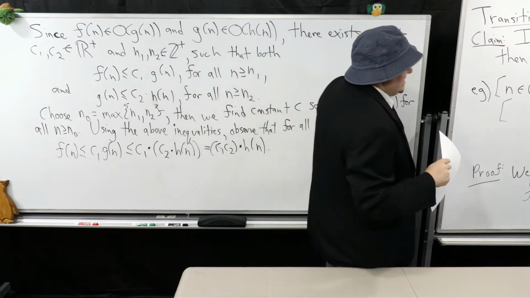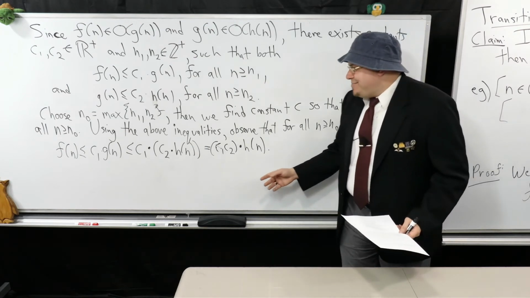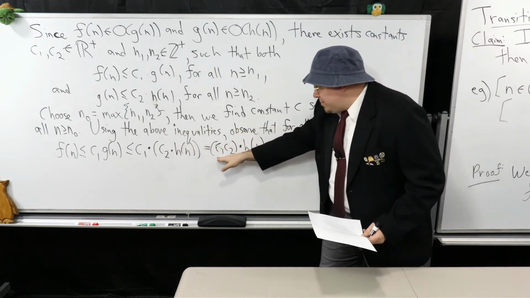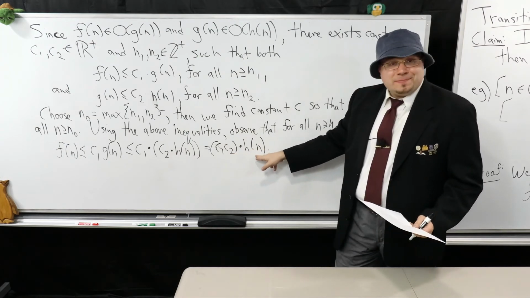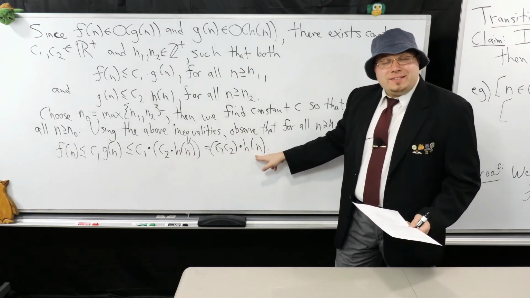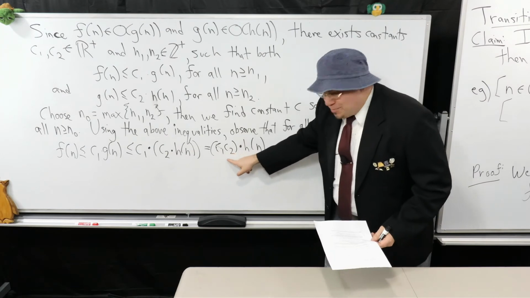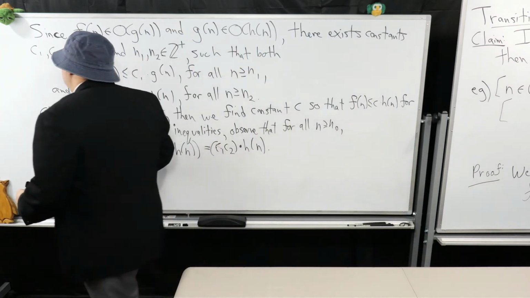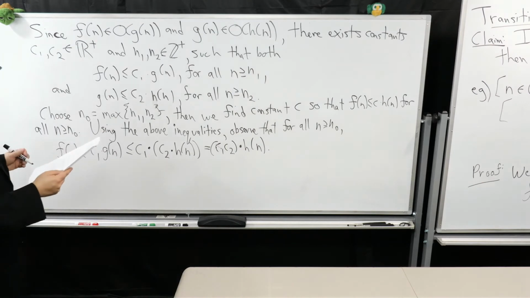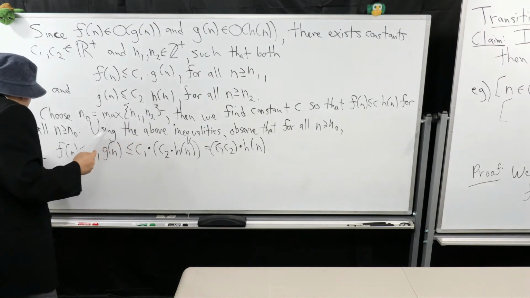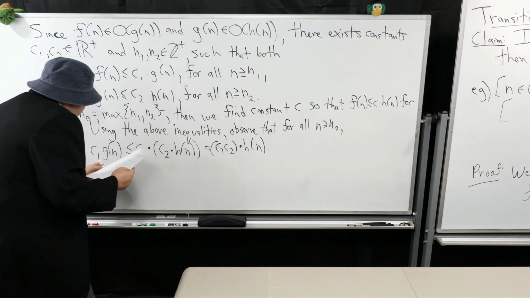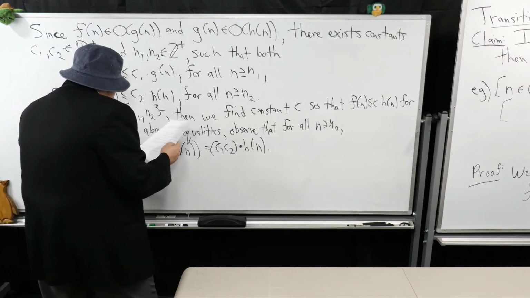What should I pick for c? Remember, f's all the way over there. f of n is less than or equal to c1 times c2 times h of n. So what should c be? Well, it better be the product of these two, at least, right? So let's pick c to be that. Select c to be c1 times c2.